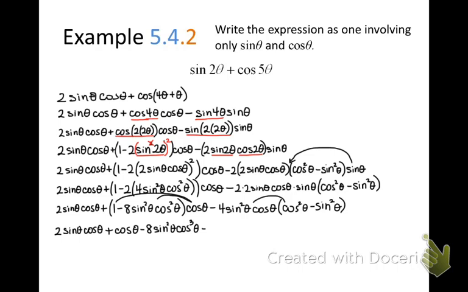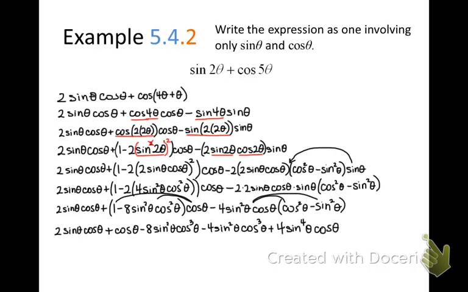That whole big piece is going to distribute into both of these terms. So that is going to be 4 sine squared of theta cosine cubed of theta. And then minus or plus 4 sine to the 4th of theta cosine of theta. All right, everything is now all expanded out.